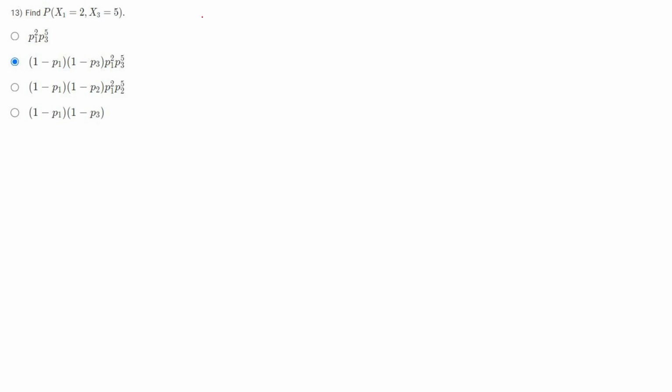This is nothing but f x1 x3 of x1 comma x3, and following the similar derivation we can find that it is (1 minus p1) into (1 minus p3) into p1 to the power x1 into p3 to the power x3, and this is nothing but (1 minus p1) into (1 minus p3) into p1 square into p3 to the power 5.